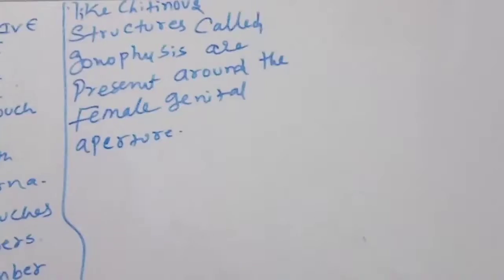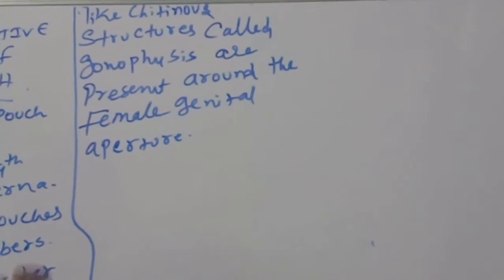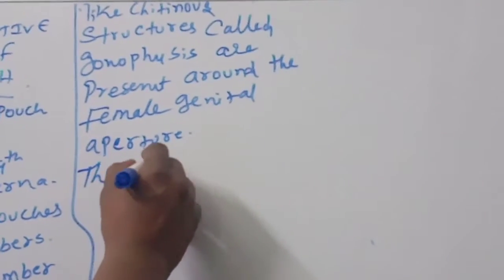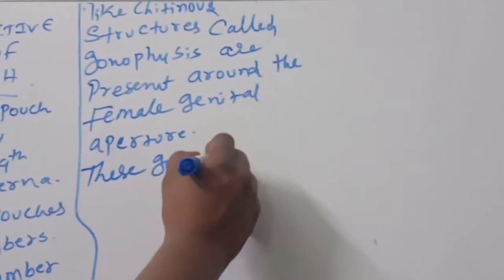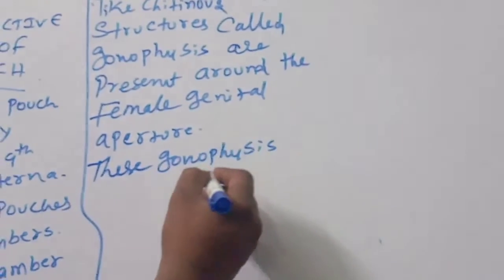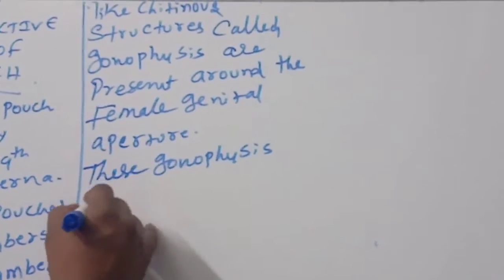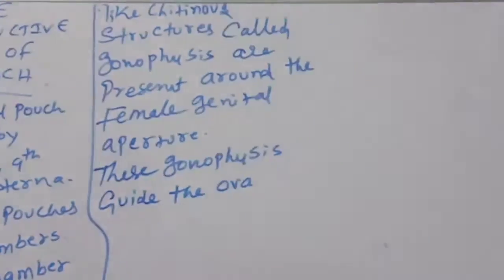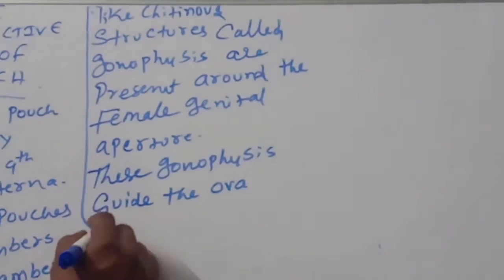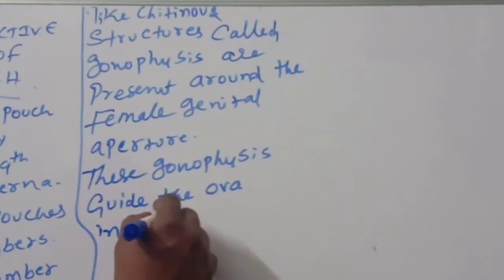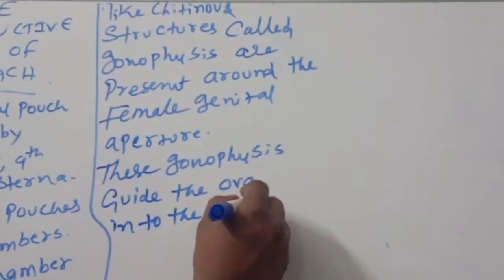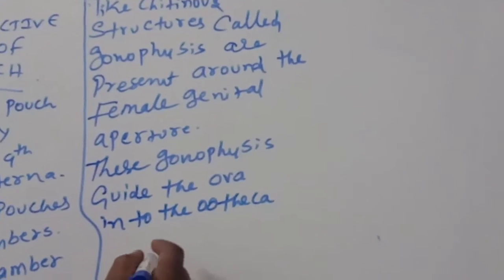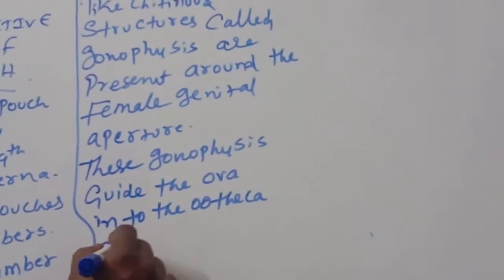This is important. These gonophysis guide the ova into the ootheca, as ovipositors.